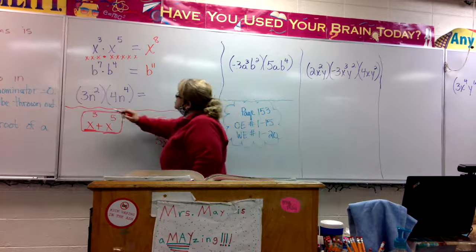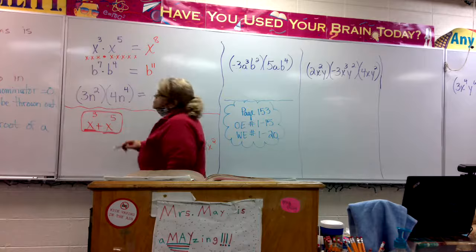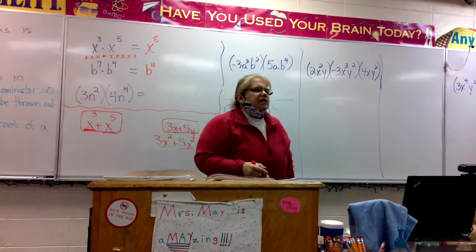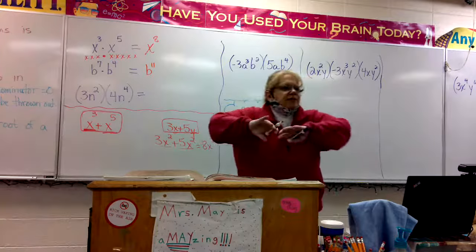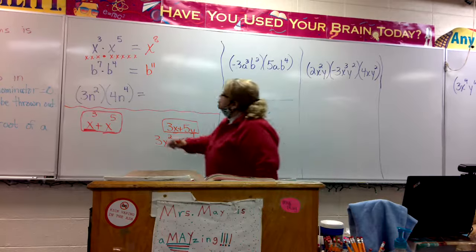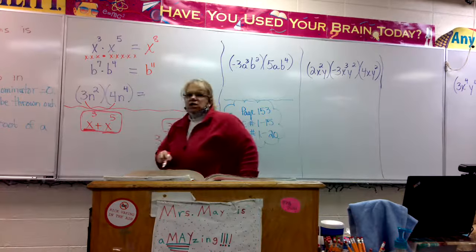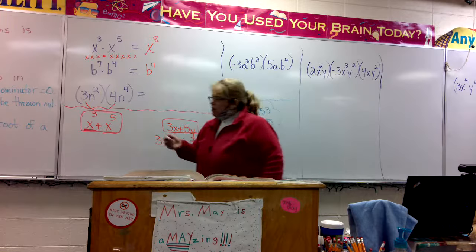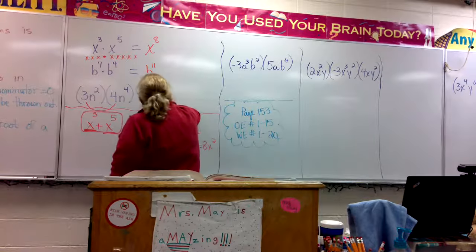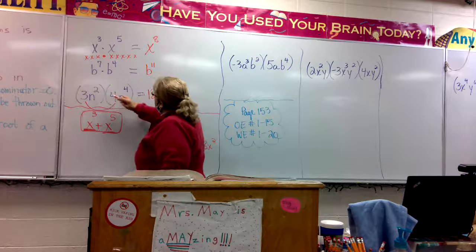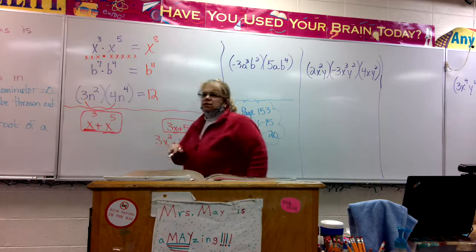What about this one? Now we threw some numbers in there. Well, just think about the numbers separate from the letters. I know you all know, what is 3 times 4? 12. And then now do the n to the second, n to the fourth.